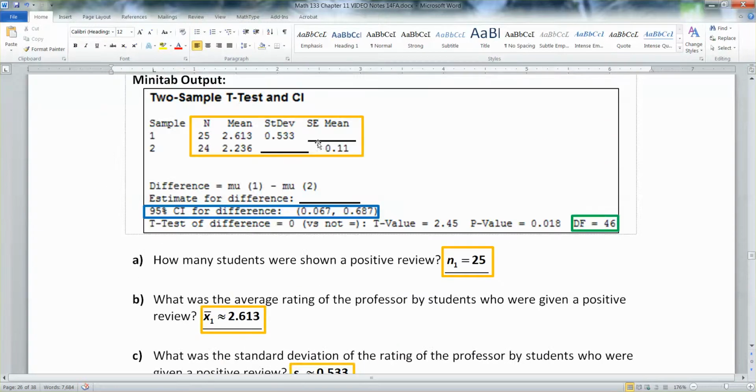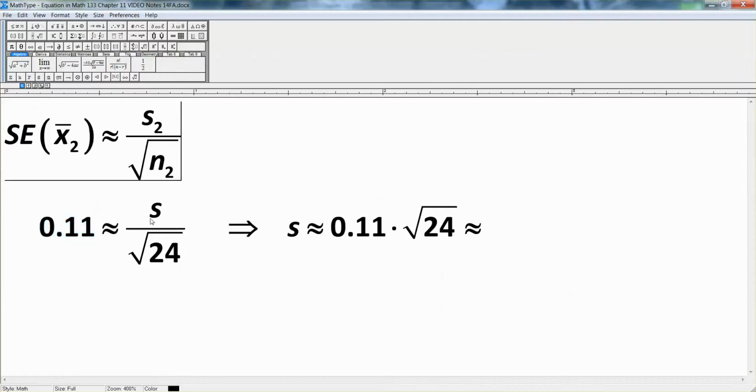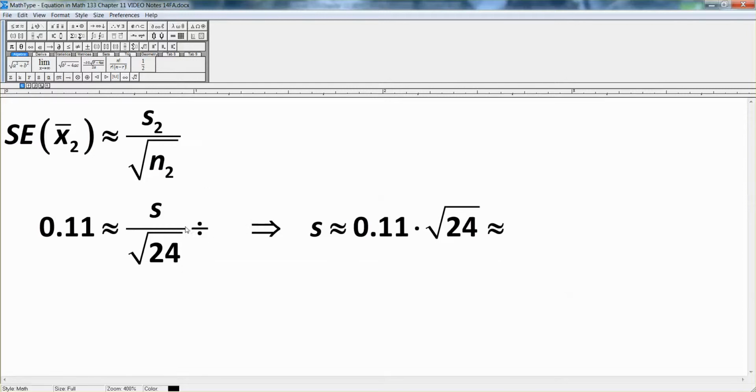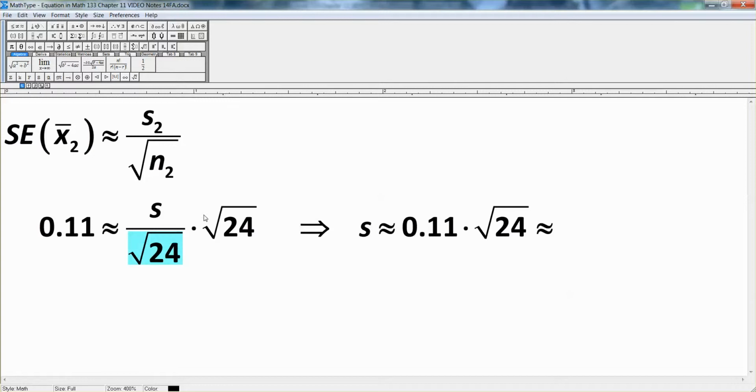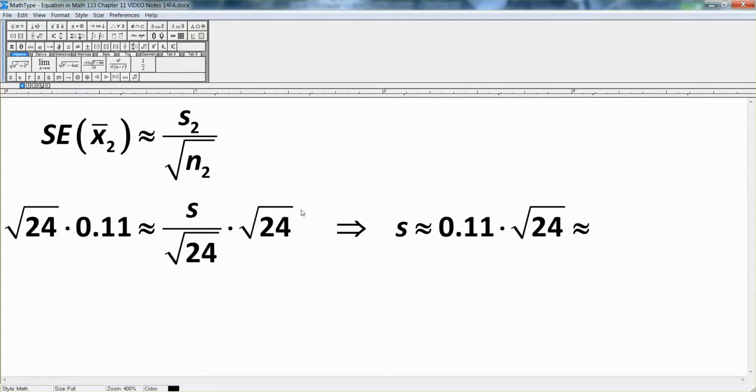Right up here in the orange box. See that? 0.11 for group 2. Okay, so we know the standard error is 0.11. We know the square root of n is the square root of 24. So to solve for s, you just multiply both sides by the square root of 24. This will cancel over here. Square root of 24 over square root of 24 is 1. And then when you multiply it over here, you'll get like that.